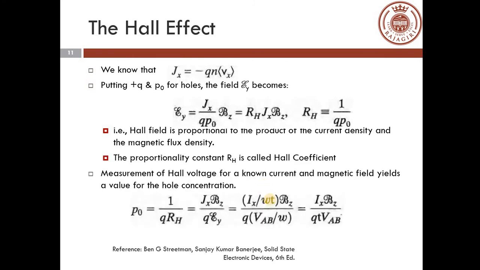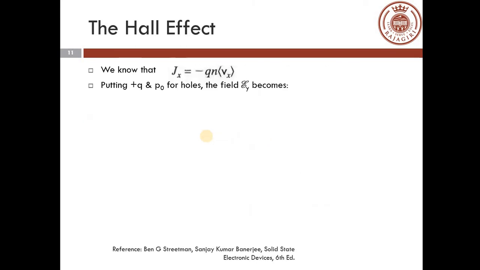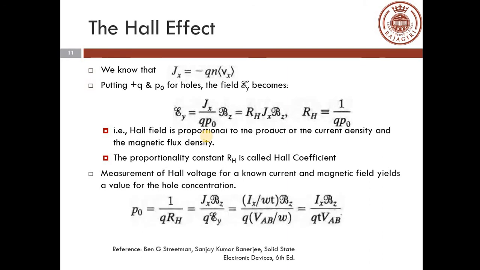Now let's see some important derivations. From the previous session of module 2, we know that Jx is equal to minus Qn into Vx, and we know that epsilon y is equal to Vx into Bz. So now let us substitute Vx.